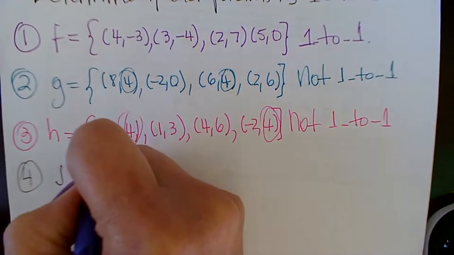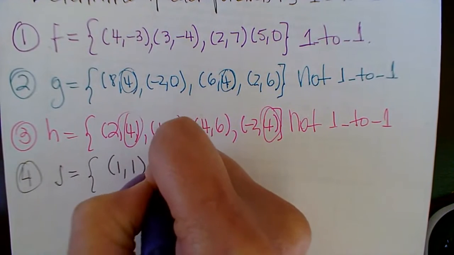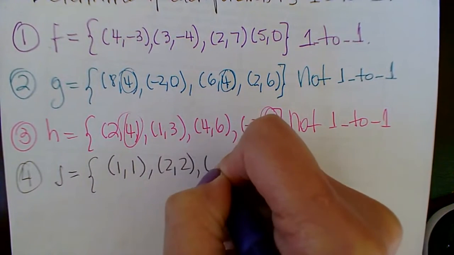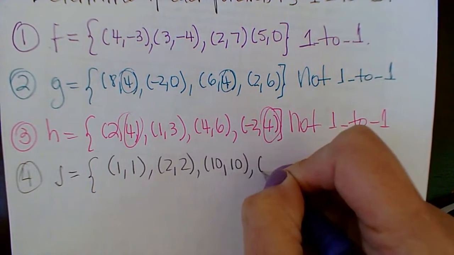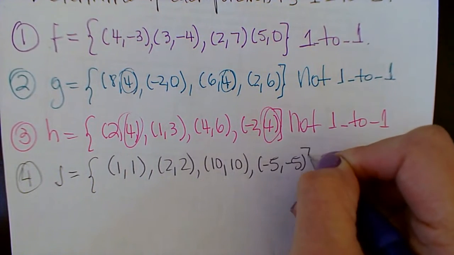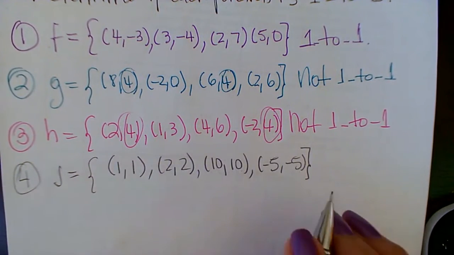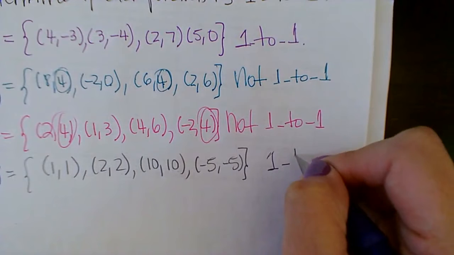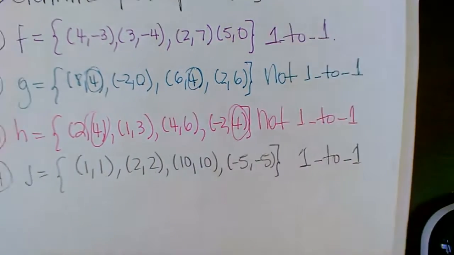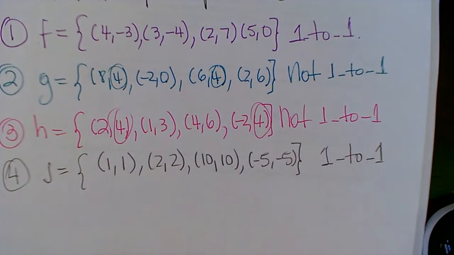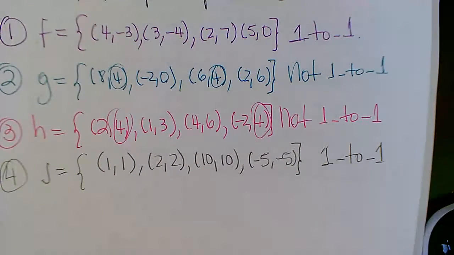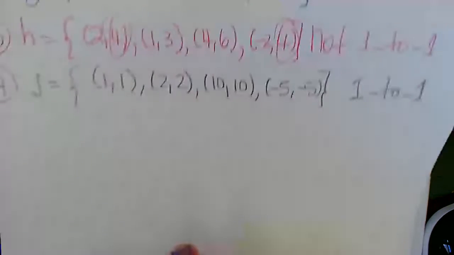Let's do another one. (1, 1), (2, 1)... (2, 10), (-5). So it is a one-to-one function because they do not repeat. Okay, the x or the y values don't repeat.